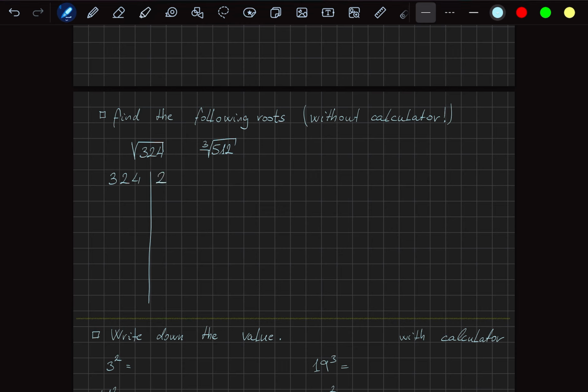I divide by 2, it's 162. I will divide by 2, 81, 3, 27, 3, 9, 3, 3, 3, 1. Okay, so this is the number, and this is what I divide by this number.